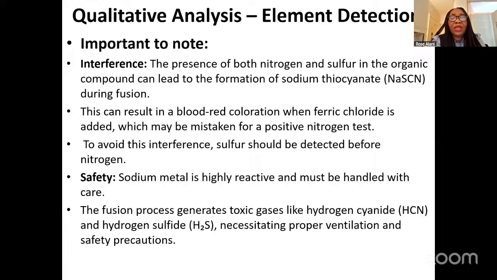This could result in a blood red coloration when ferric chloride is added, and one can mistakenly think that it's a positive nitrogen test. To avoid this interference, sulfur should be detected first before checking for nitrogen.